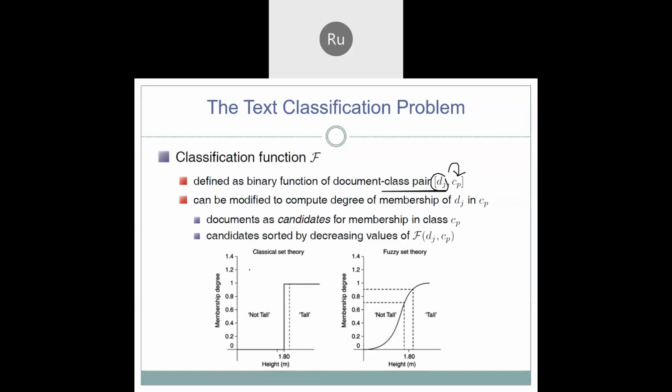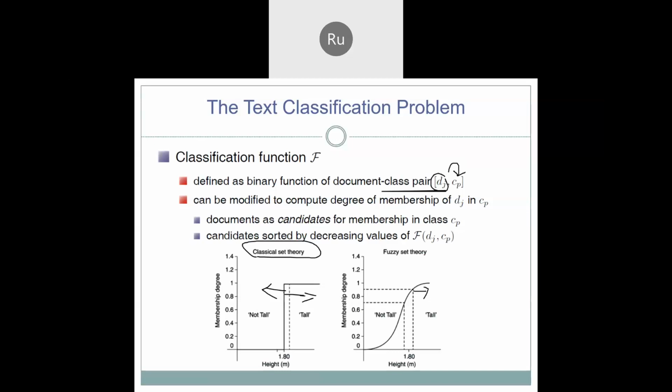For example, this is the classical set theory, where a person belongs to either not tall or tall. But what if we use the membership degree? Membership degree means that if they are here or above here, the membership degree is more into the tall category.